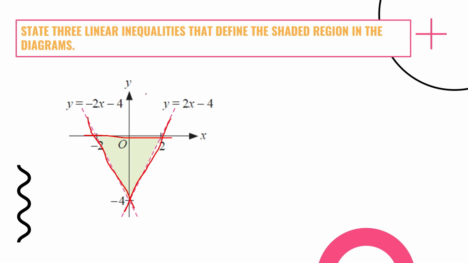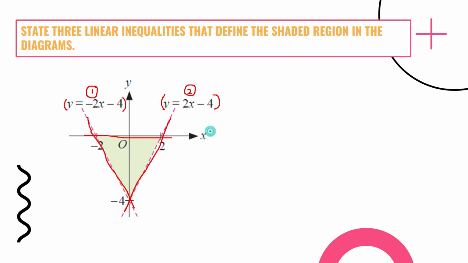For the first equation, it is this one: y equal to negative 2x minus 4. This is our first equation. Our second equation is this one: y equal to 2x minus 4. Our third equation is the x-axis. y equal to 0 is parallel to the x-axis, and you must remember y equal to 0 lies on the x-axis.